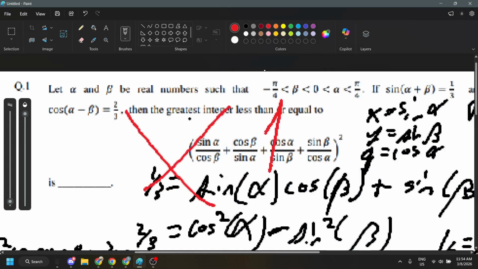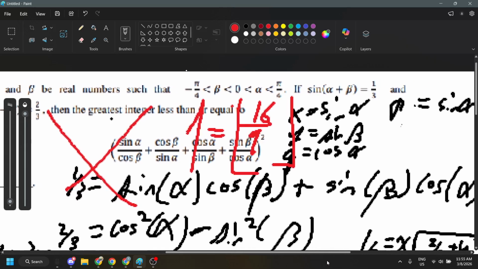The answer was 1 because it was the floor of 16 over 9. I'm still unsure how they got that. One thing that I probably should have noticed is that if you add them, they mentioned that the range was less than alpha plus beta is less than pi over 4.